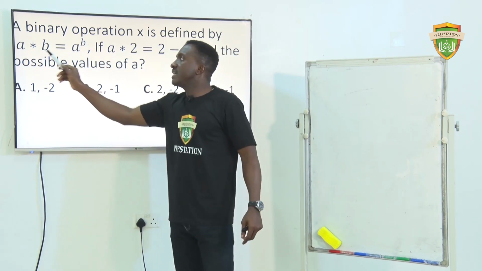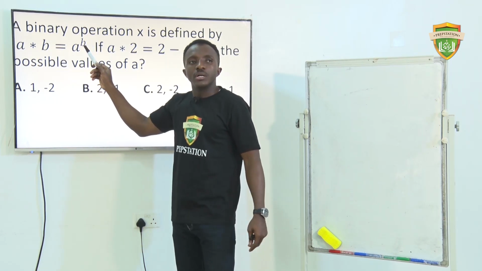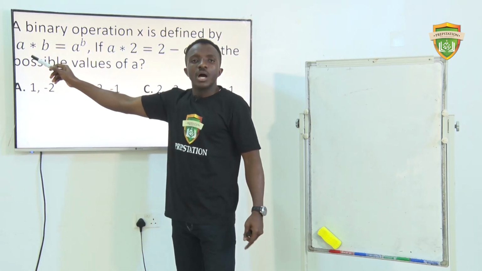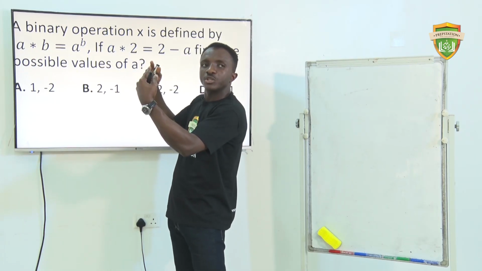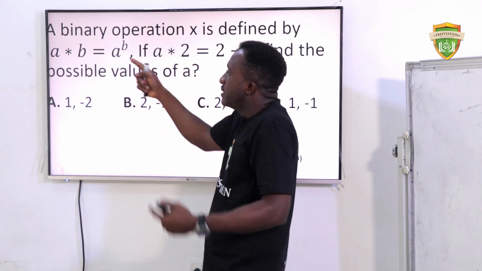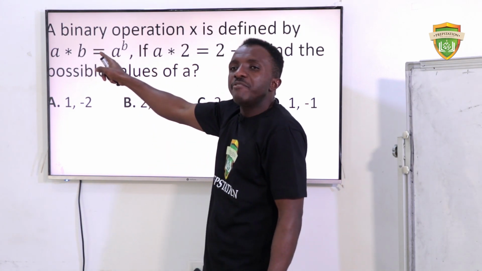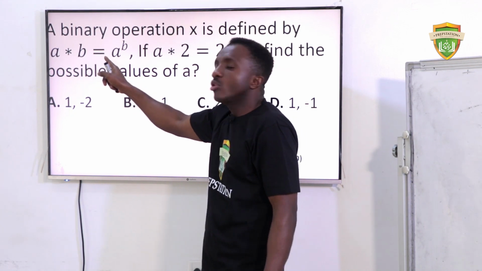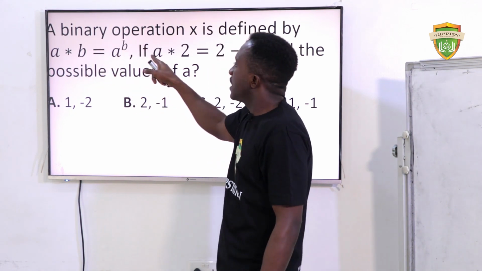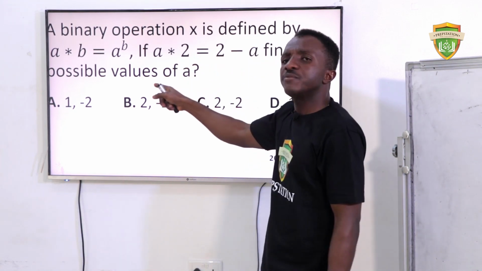Now, what this means is this is a law that shows you how to treat a combination of terms. It can be numbers, it can be letters. This is what happens to them. Every time you find a star b, it should always be a raised to the power b. If a star 2 equals 2 minus a, find the possible values of a.